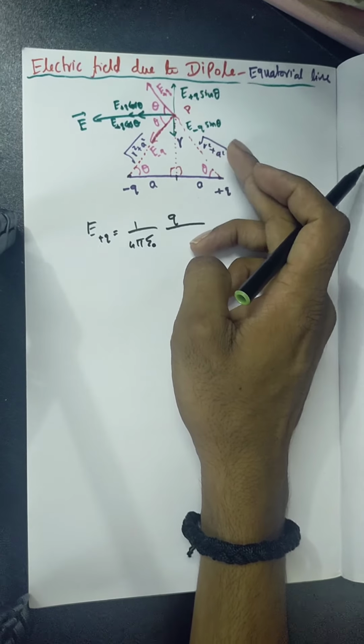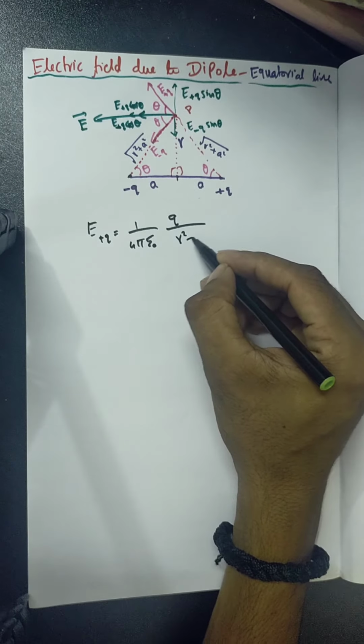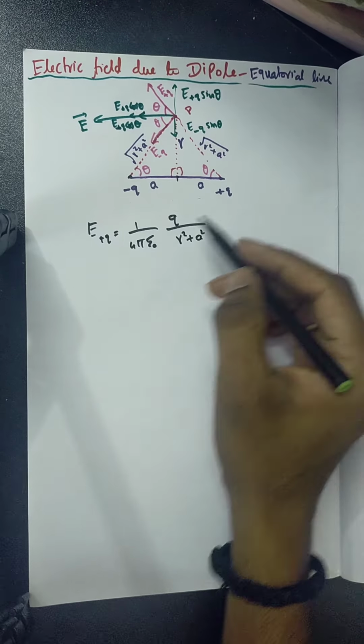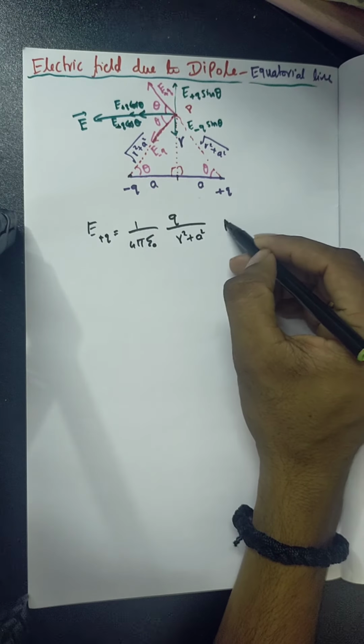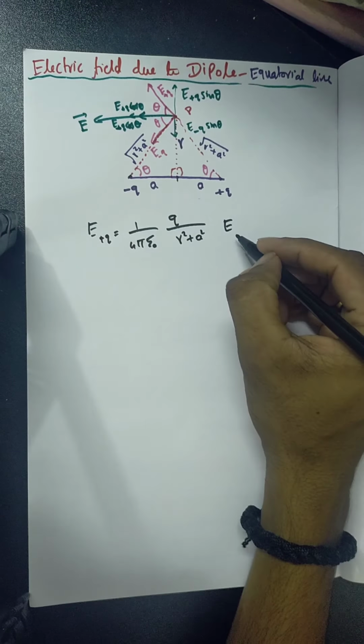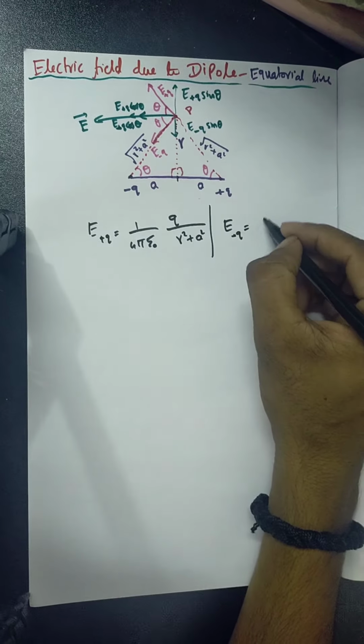The distance itself is the square root of r square plus a square, so the distance square is just r square plus a square. And similarly, the magnitude of the electric field due to this charge at this point is E minus q, which is equal to, again, the same.